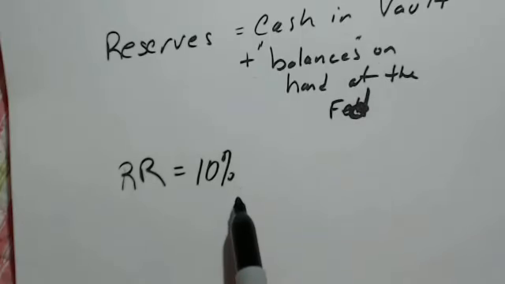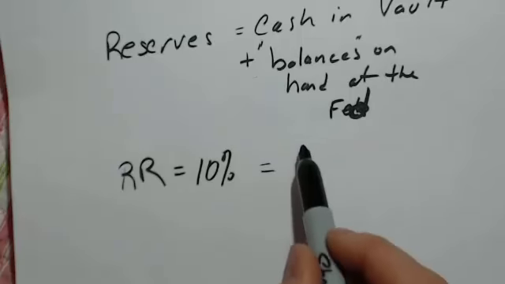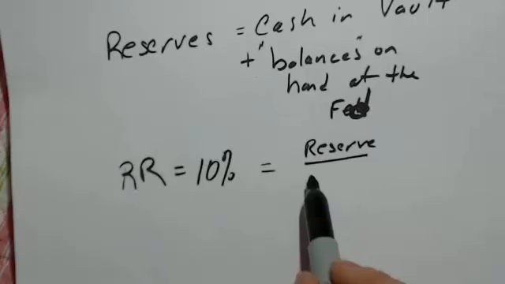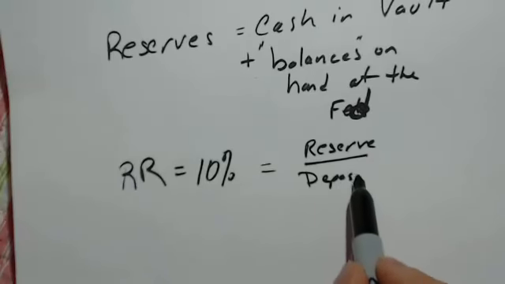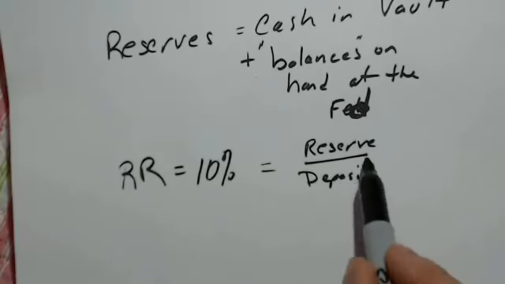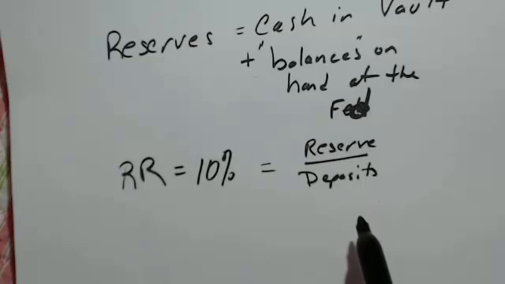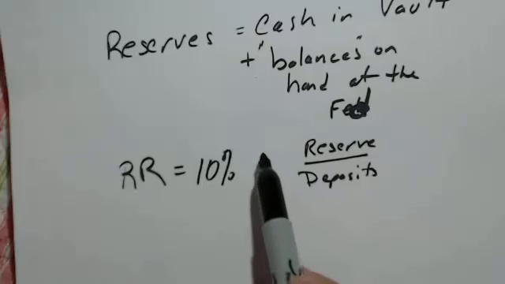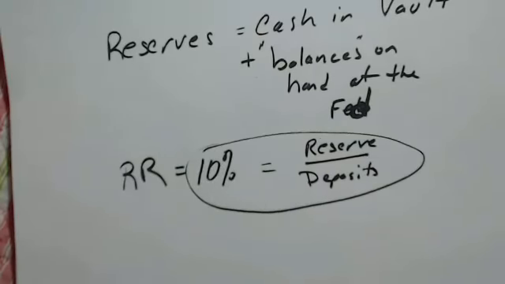Okay, so a 10% reserve requirement, and that's calculated by taking the reserves that each bank has and dividing it by its deposits. So when you have that fraction, this is that concept of a fractional reserve system. It needs to keep a fraction of the deposits in reserves, 10%, and most of the banks around the world follow the same concept. They're fractional reserve banks.